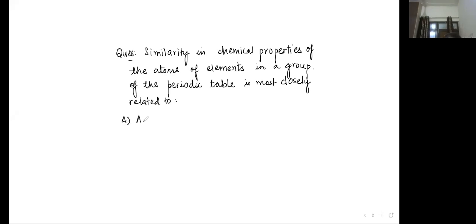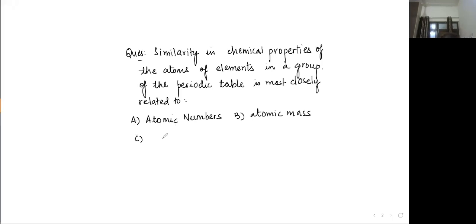A, atomic numbers. B, atomic mass. C, number of principal energy levels. D, number of valence electrons.